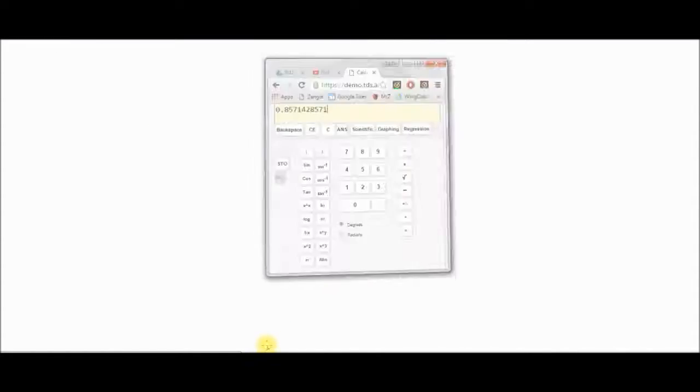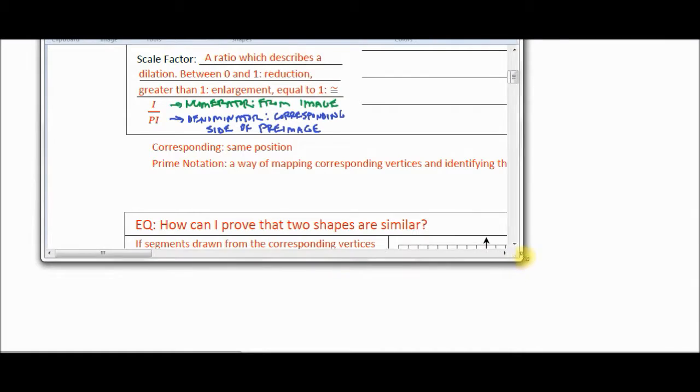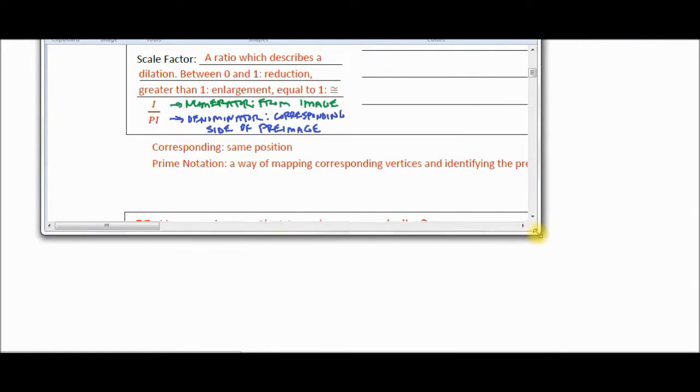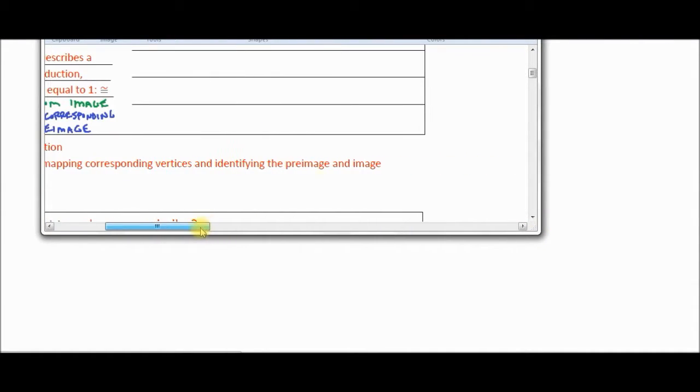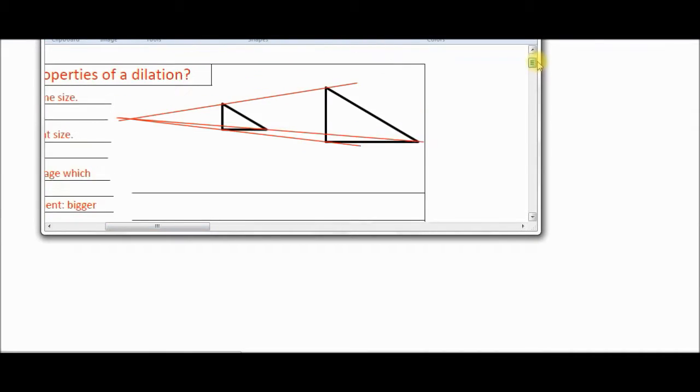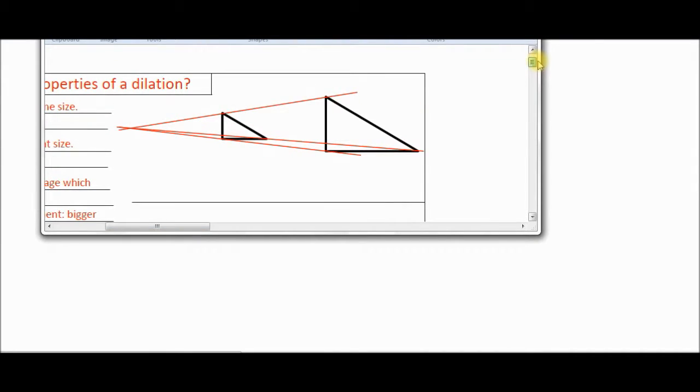All right, let's start going through our properties of dilation. That's wrong. Let's see if I can get this back. All right, so there's a diagram over here on the right hand side of the page. Let's do a couple things here.